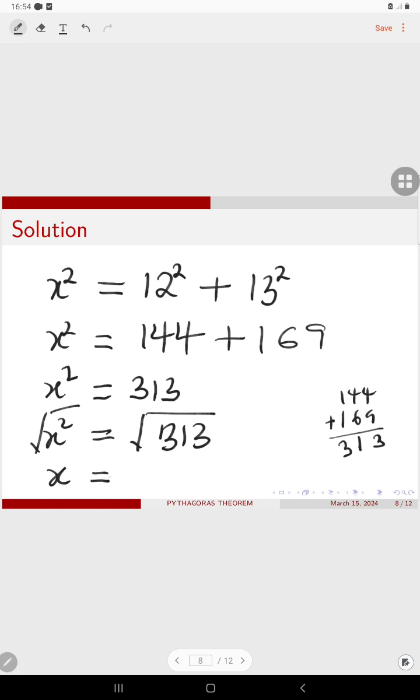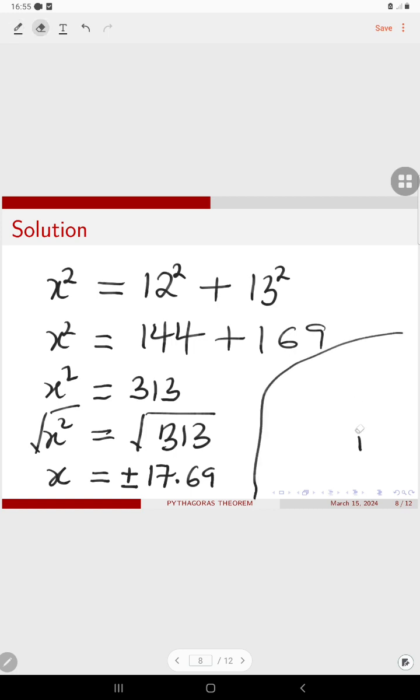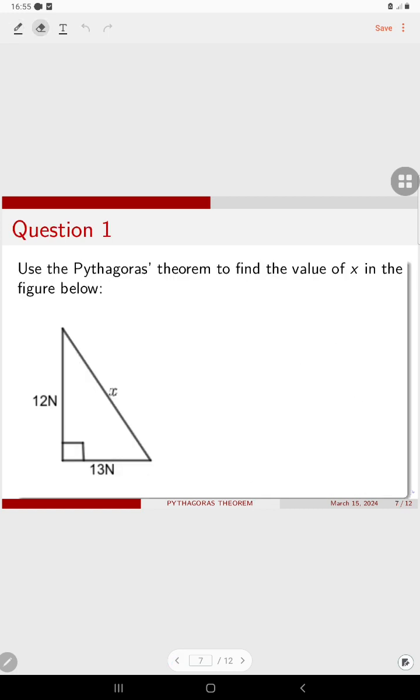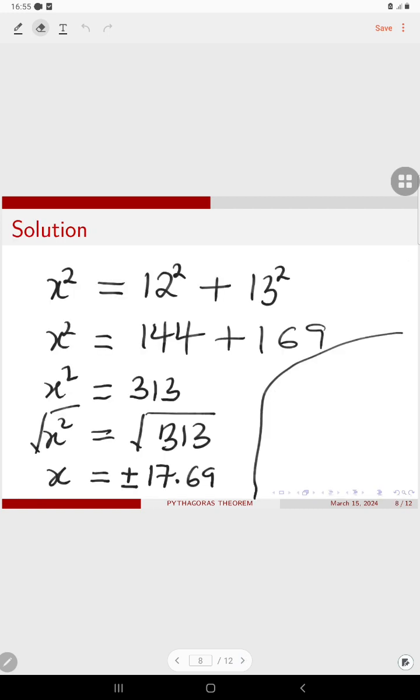So my x will be plus or minus. When you take the square root of a number, you get plus or minus 17.69. But because x is a length, when you take this for length, we don't consider the negative answer, so I'll just take the positive value.